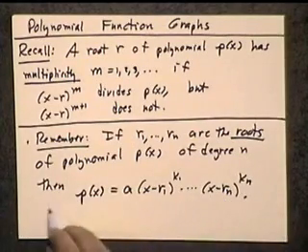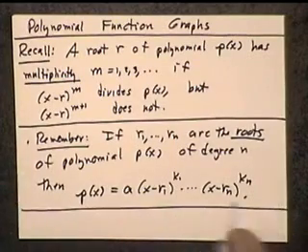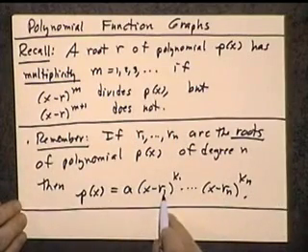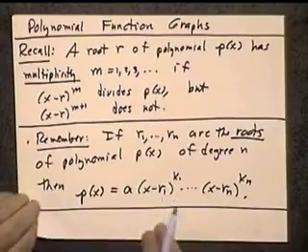So polynomials can always be written that way and factored in that way. And of course, some of these roots could be complex numbers, but we won't be facing those situations.